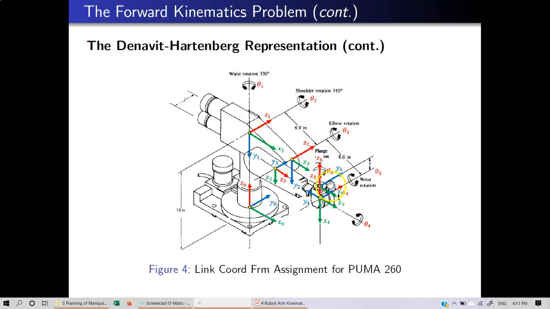That is the common normal, and the origin is the intersection of the common normal with Z2. So this point right here. And X2 is just the common normal we have here. Next, coordinate frame 3. Z3 has to be along the axis of rotation of joint number 4.